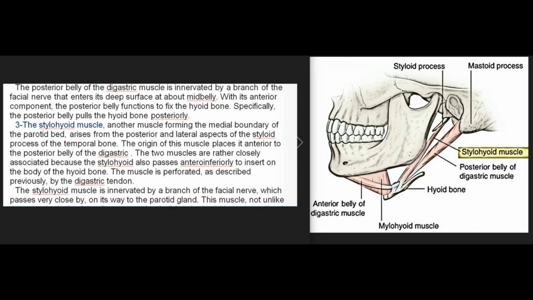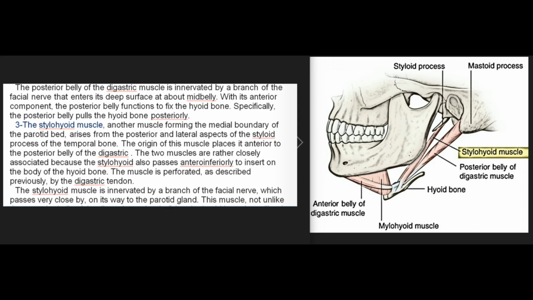3. The stylohyoid muscle, another muscle forming the medial boundary of the parotid bed, arises from the posterior and lateral aspects of the styloid process of the temporal bone. The origin of this muscle places it anterior to the posterior belly of the digastric. The 2 muscles are rather closely associated because the stylohyoid also passes antero-inferiorly to insert on the body of the hyoid bone.